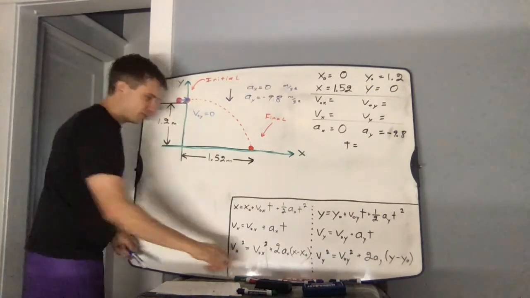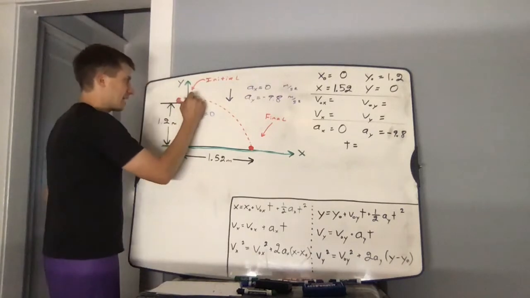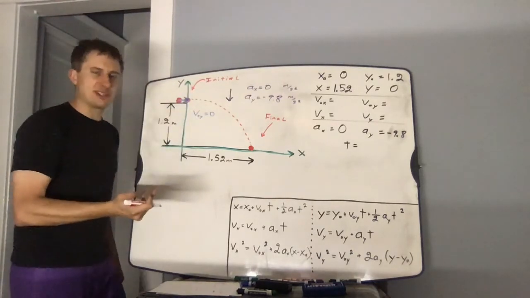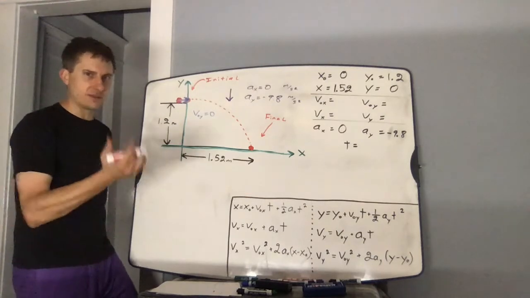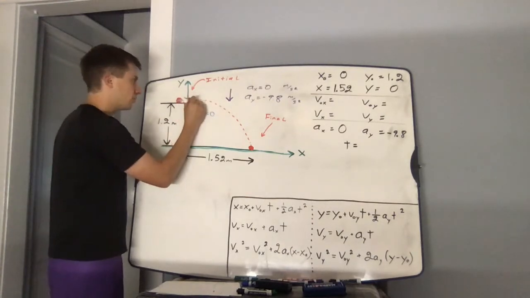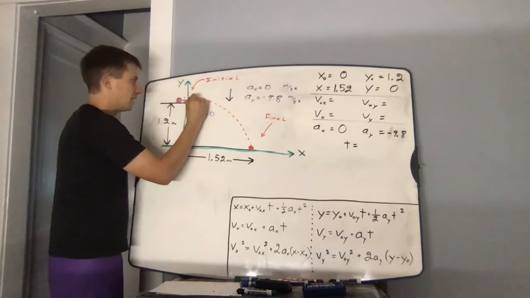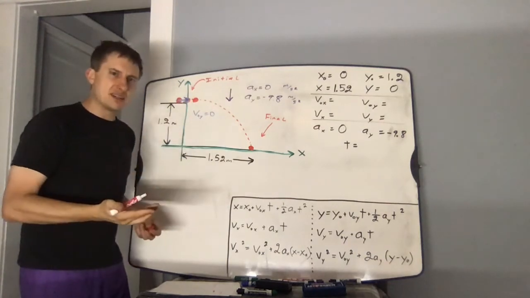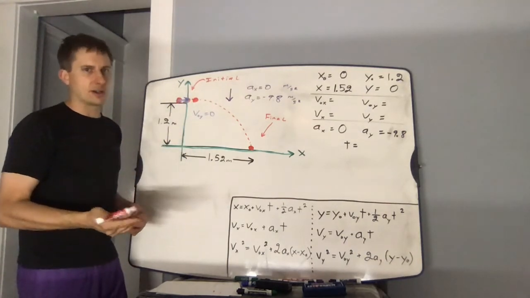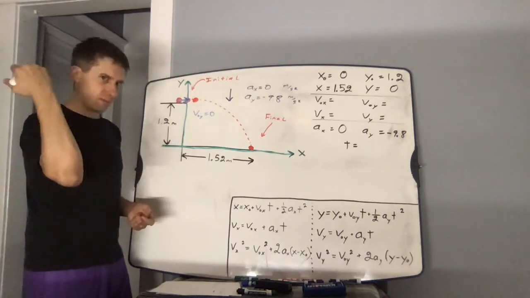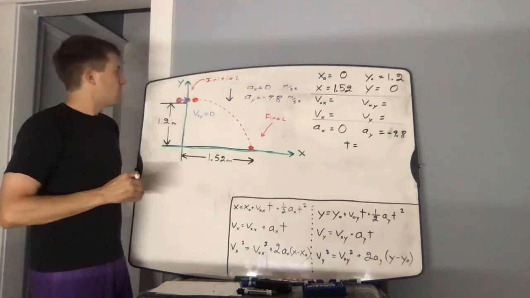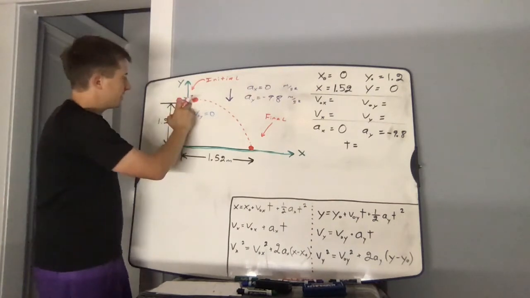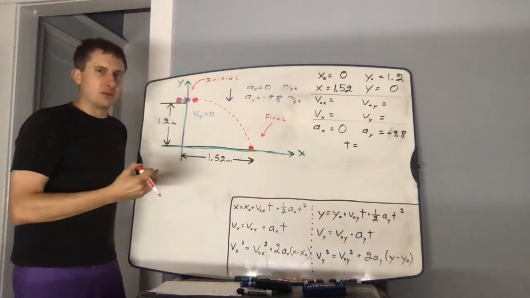Now let's ask what happens a split second after the ball leaves the table. When I say split second, I am thinking of an infinitesimal amount of time after the ball leaves the table. So when the ball goes from here to here, the ball really hasn't been in the air for very long. It was like 1 over infinity seconds, a very short time scale.